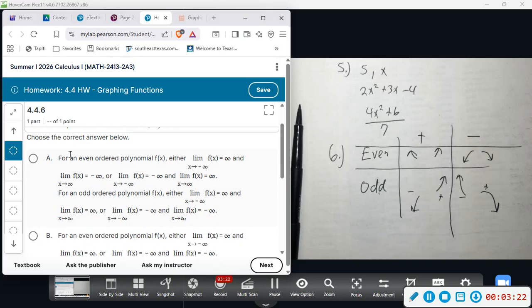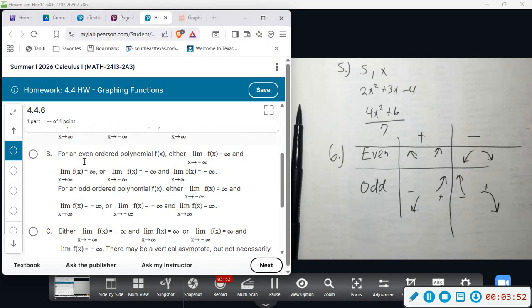All right, so as it says, for an even ordered polynomial, we're talking about even. Either the limit as x goes to negative infinity equals positive, and the limit as x goes to positive infinity is equal to negative. That will not work, because when we are talking about even degree, both ends go positive or both ends go negative.